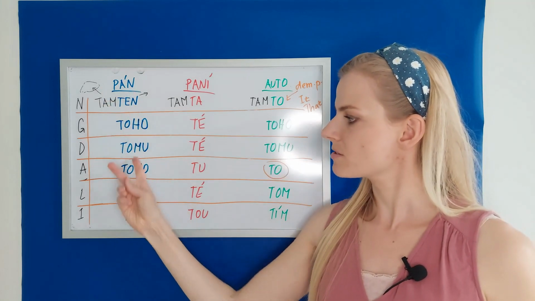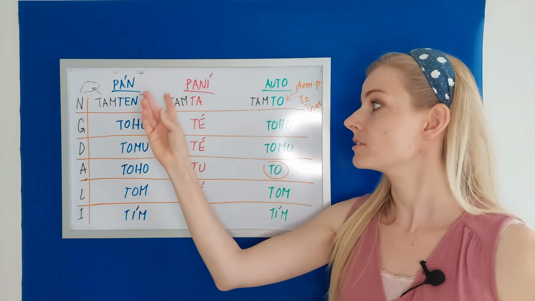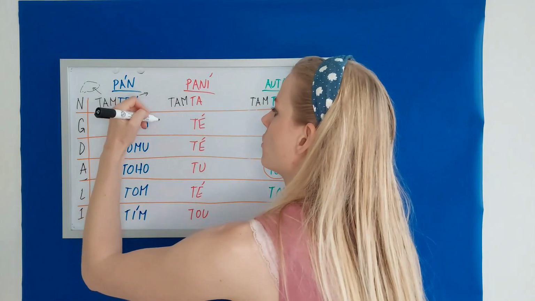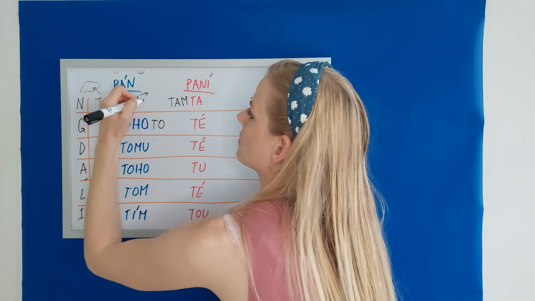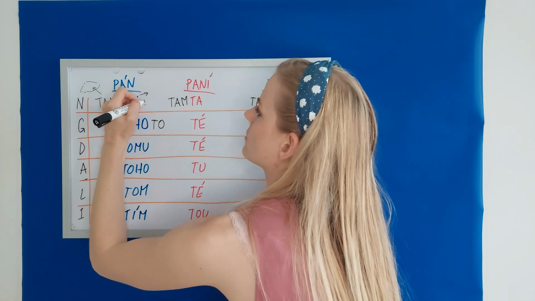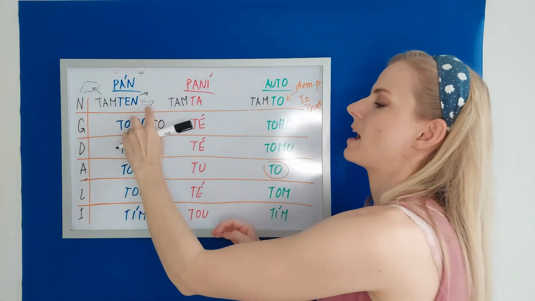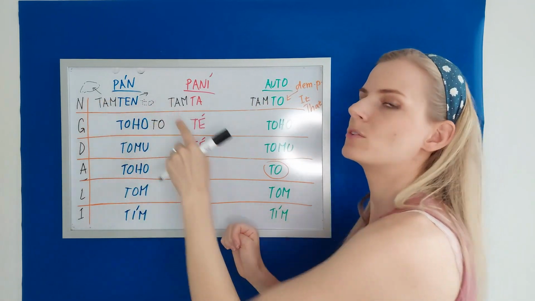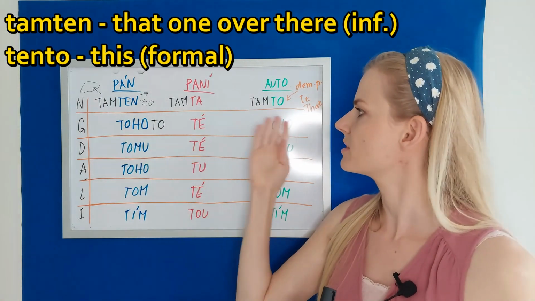You take the base form, the colorful one, and then you add to after each of them. Tohoto or TENTO. I don't want to write it here really. I'm just gonna add it a little bit so you don't connect these. Tamtento doesn't exist. It's tamten or tento. That's why I want to use this line.